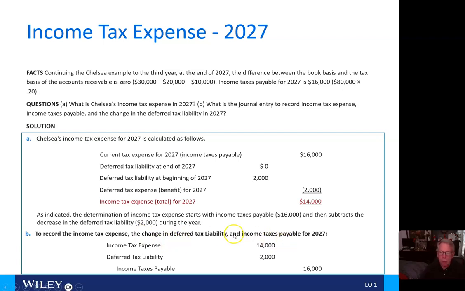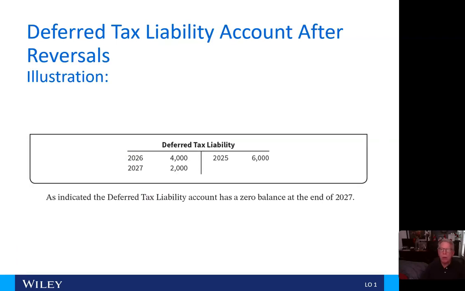So income tax expense is going to be our standard $14,000, but the deferred tax liability is going to be an additional $2,000. So our income taxes payable will be $16,000. So I think if you followed those slides through, you follow pretty much how we would do this.